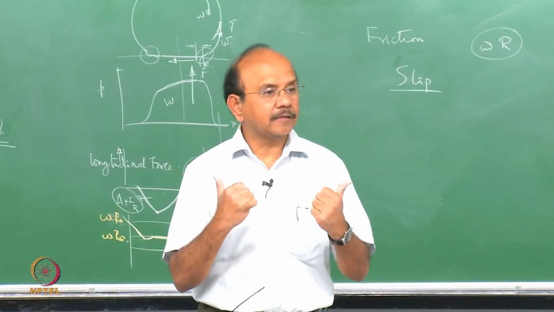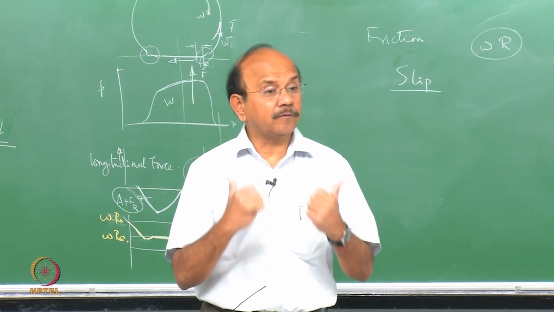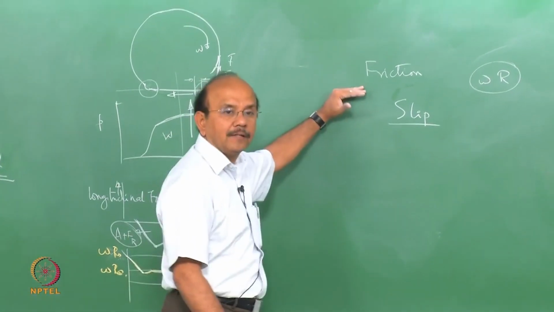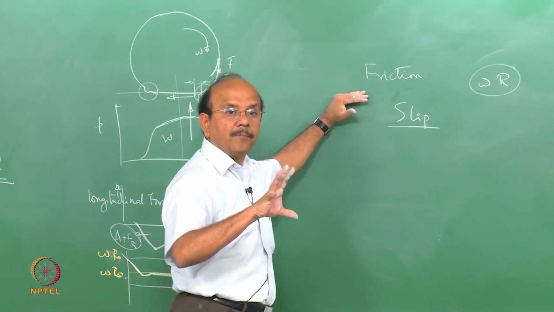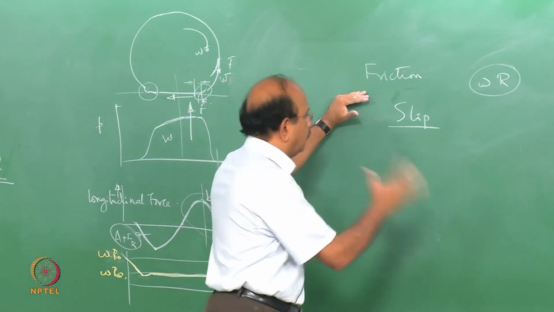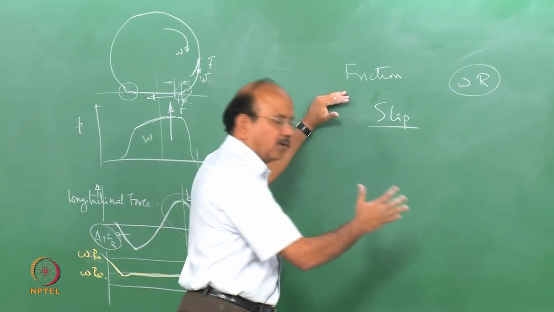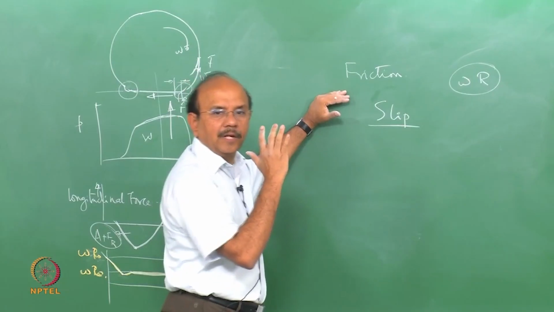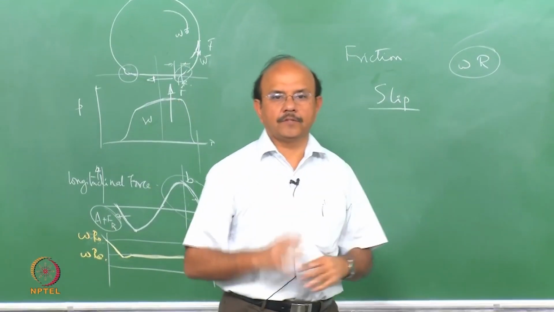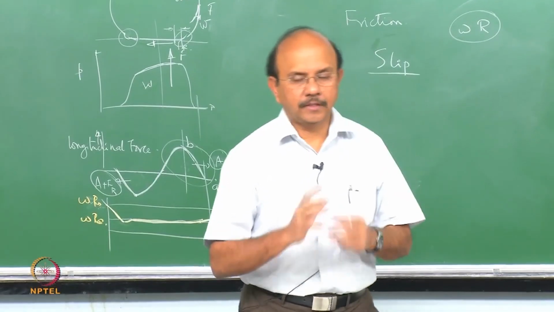Both of them now act, and both of them want a part of this pie called mu into N. So this is combined cornering plus braking. We'll first look at braking, look at cornering, and then we will combine both cornering and braking and look at how the force actually gets distributed. We'll see that in the next class.